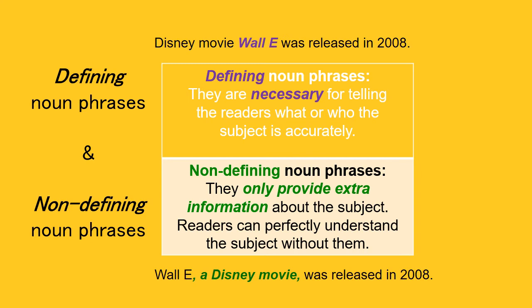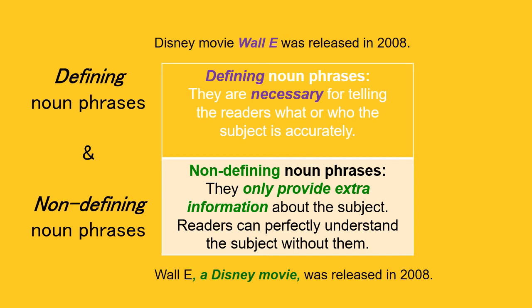The first one, defining noun phrases, they are necessary for telling the readers what or who the subject is accurately. So take a look at the example sentence on the top. The Disney movie WALL-E was released in 2008. Imagine if the film name WALL-E was not there.